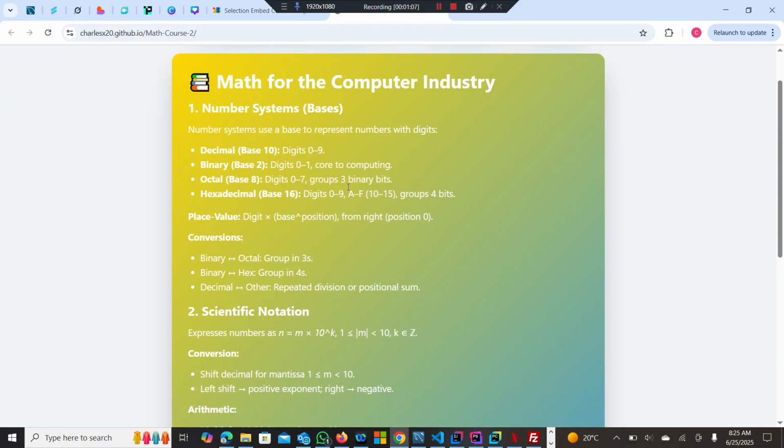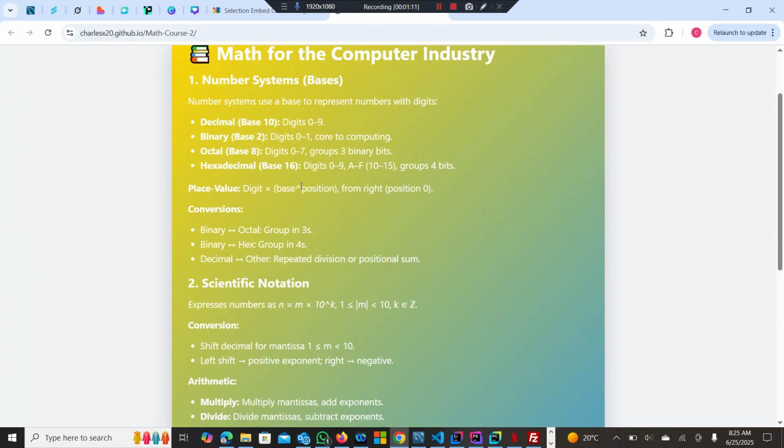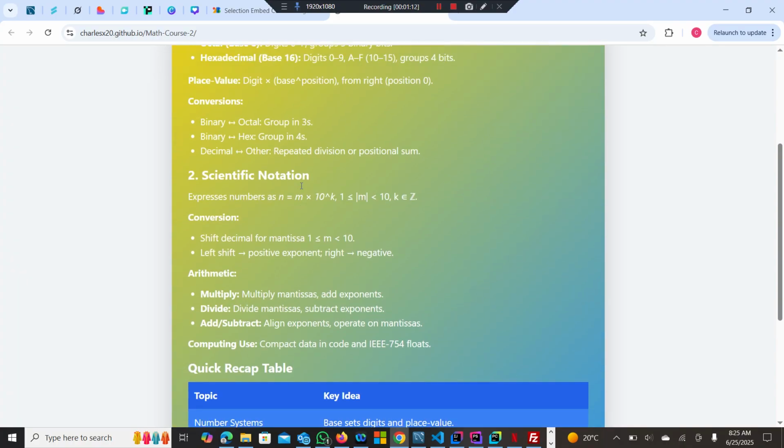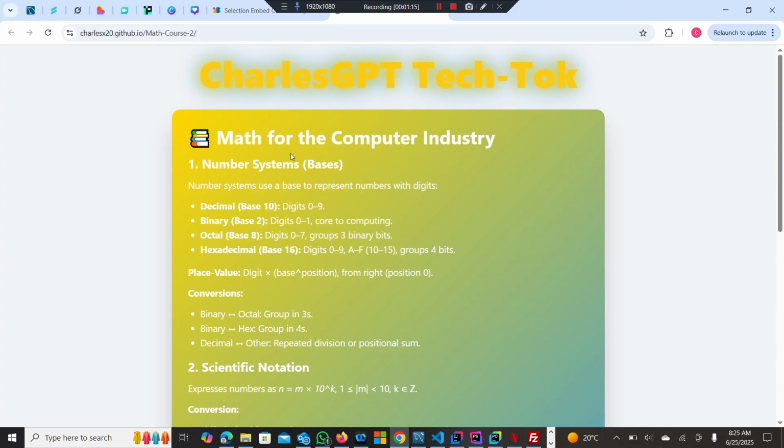Okay, so these are the number systems. I have a note summary of all the topics we have in my web app. In math for the computer industry, decimal has 10 digits, 0 to 9, and binary is base 2 with digits 0 to 1. It starts from 0 and excludes the base number, so base 2 is 0 to 1 and base 8 is 0 to 7.